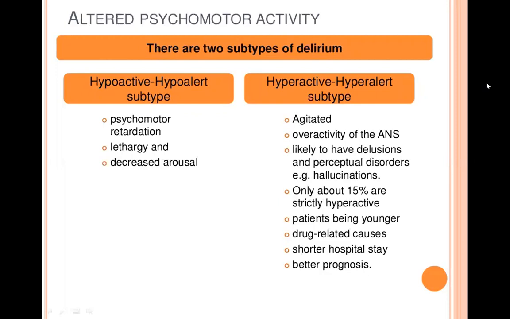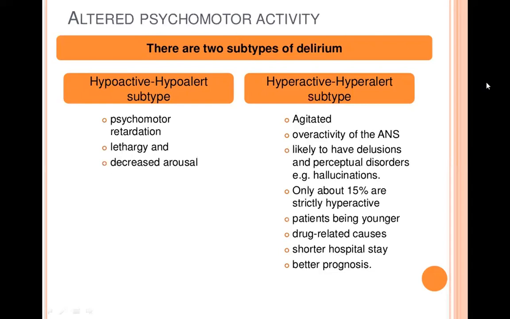First, the patient is agitated, means feeling or appearing troubled or nervous, with overactivity of the autonomic nervous system. Then they are likely to have delusions or perceptual disorders, like hallucinations, and only about 15% are strictly hyperactive.